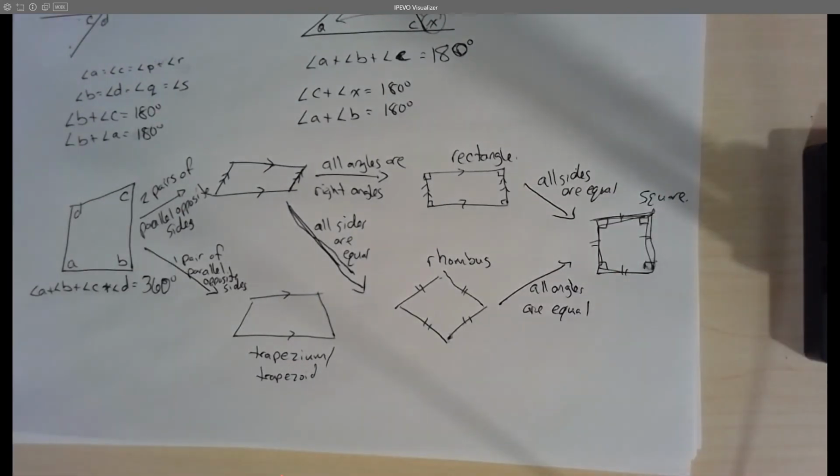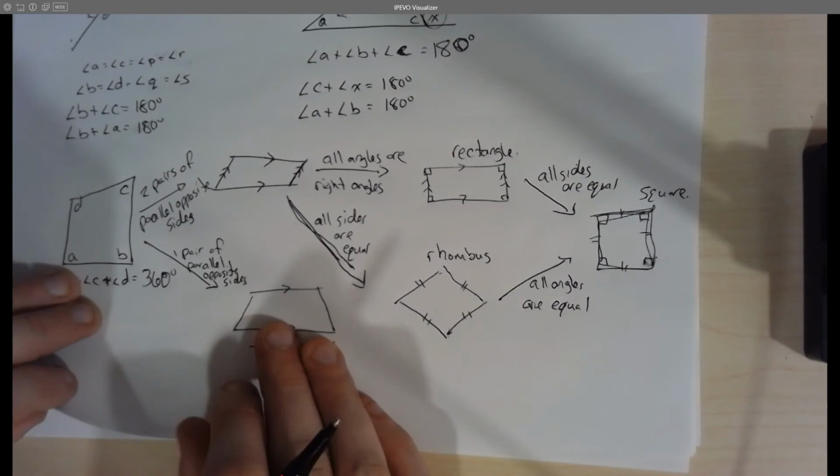So just a couple of different unique properties of special quadrilaterals, and we can use some of these unique bits of information to solve for what we might not know.